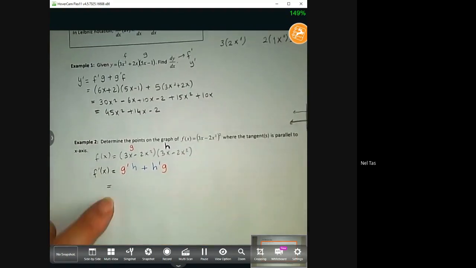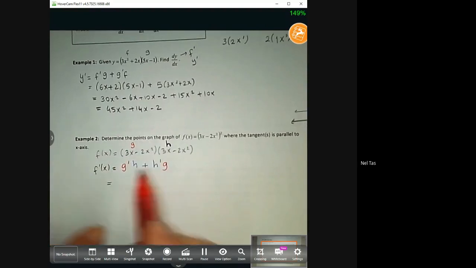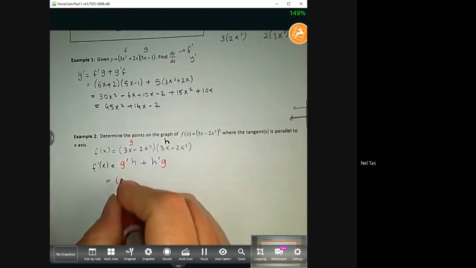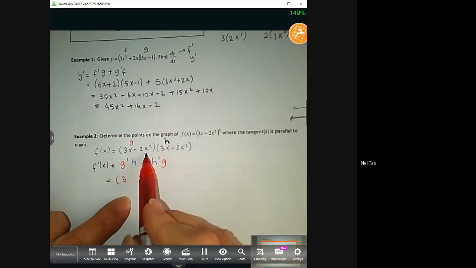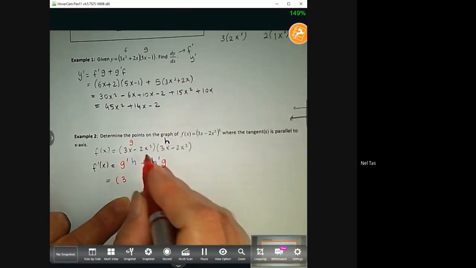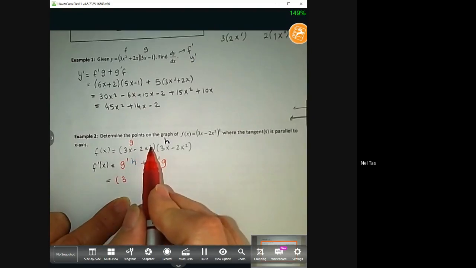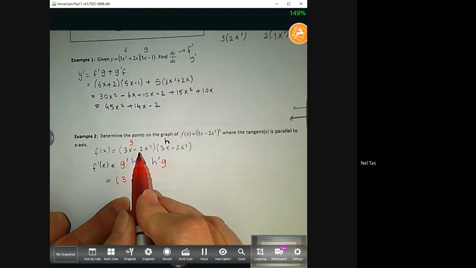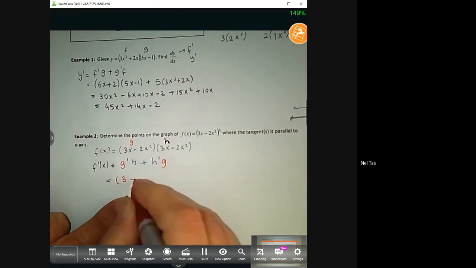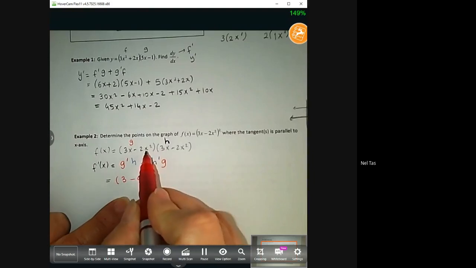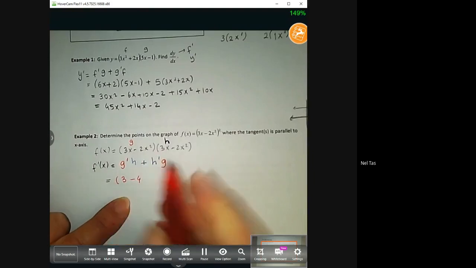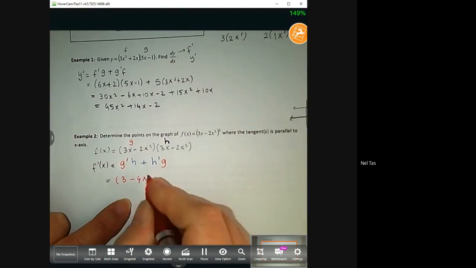So g prime. We are taking the derivative of the first function. So 3x, the derivative of 3x is 3. Derivative of minus 2x squared. The shortcut would be multiplying the exponent by the coefficient in front of it. Negative 2 times 2 gives you negative 4, and decrease the exponent of x squared, that gives you x.